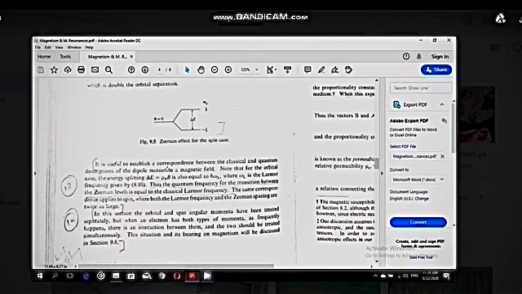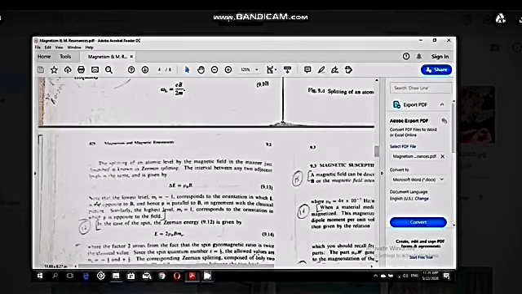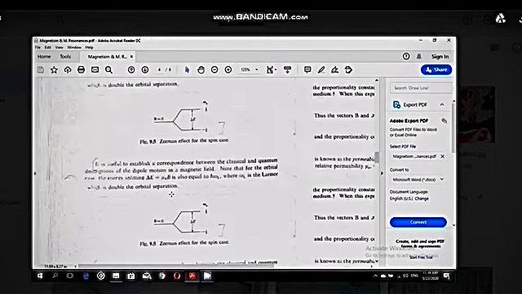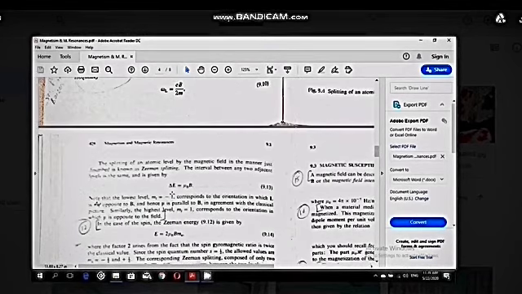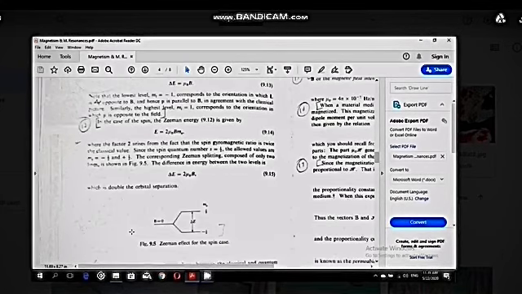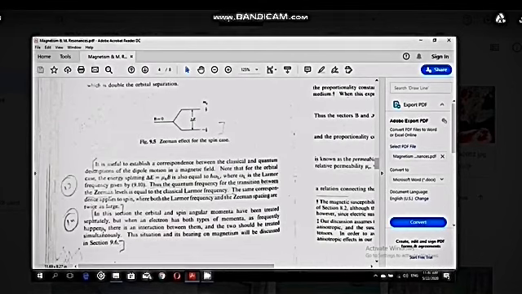So you must go to page number 428 of the book we are discussing, and at this page, let us start from this paragraph.